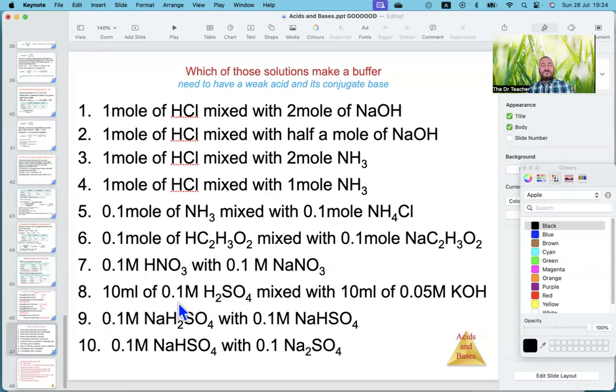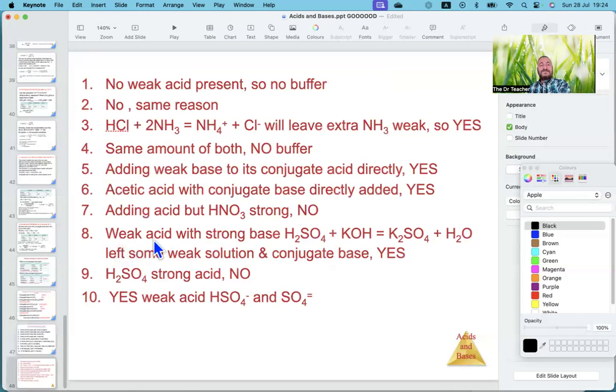Number 8: 10 ml of 0.1 molar H2SO4 mixed with 10 ml of 0.05 molar KOH. So what's KOH? Strong base. H2SO4, strong acid with KOH will give you this, leaving some of the weak in the solution, so yes.